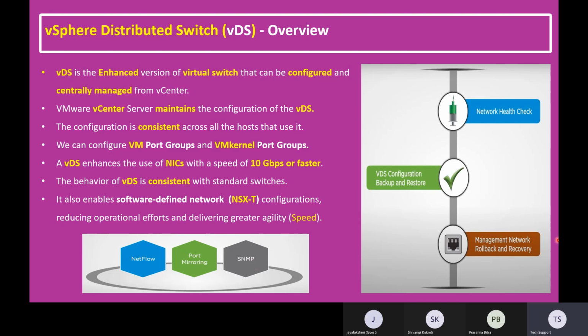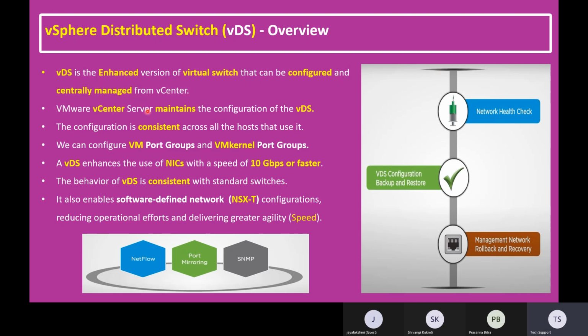Okay, let's understand the main points. The vSphere distributed switch is the enhanced version of the virtual switch. It can be configured and centrally managed from vCenter only. This feature is not available on a single host.